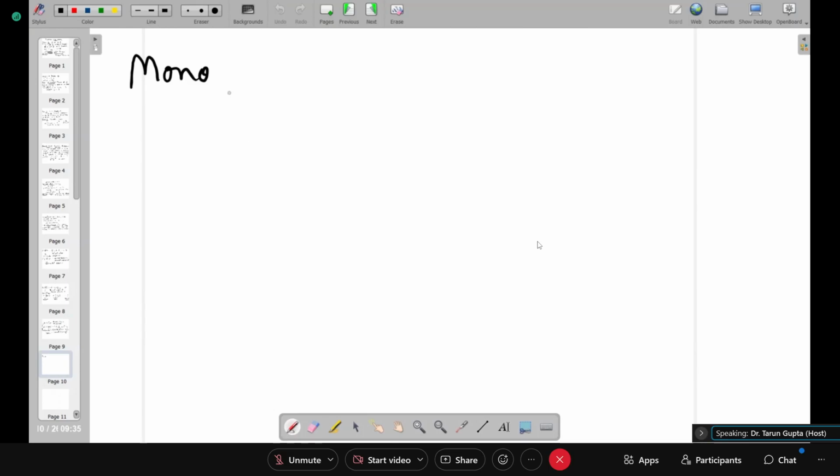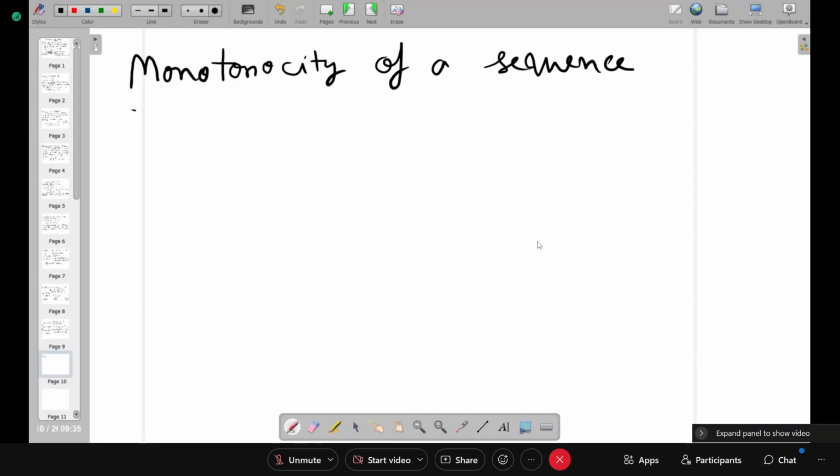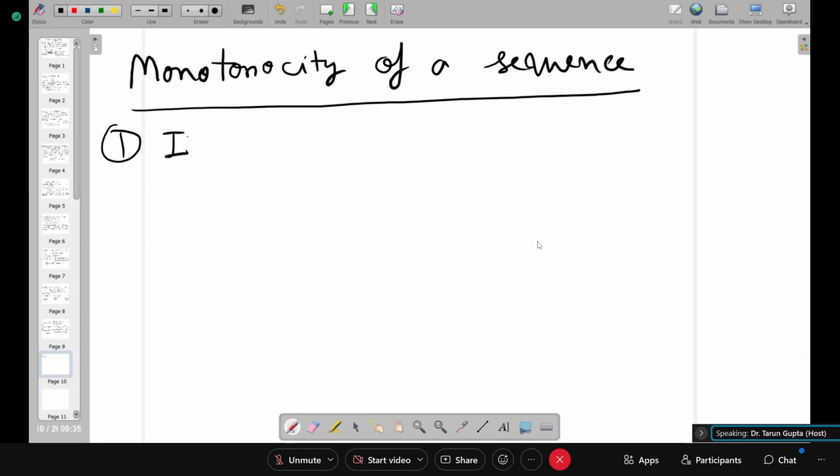Now, monotonicity of a sequence. First is the increasing sequence.